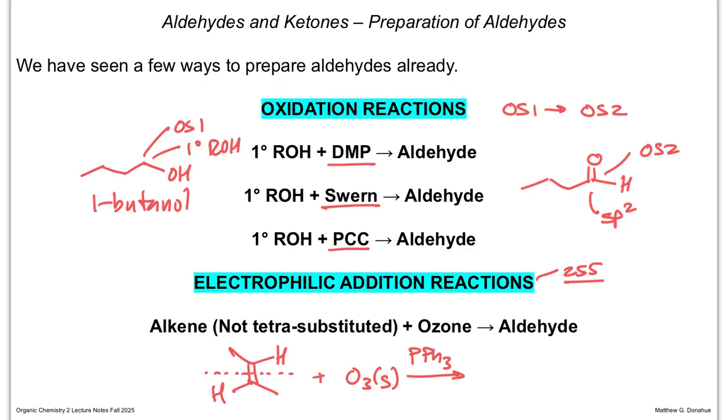So we're going to cleave that, and wherever there is an sp2 hybridized carbon, we're just making a carbonyl. So each carbon gets its own carbonyl group. And as long as you have an H bonded to that, you'll end up with an aldehyde. So if everything was carbon, carbon, carbon, and carbon, then that would make ketones. Any questions?